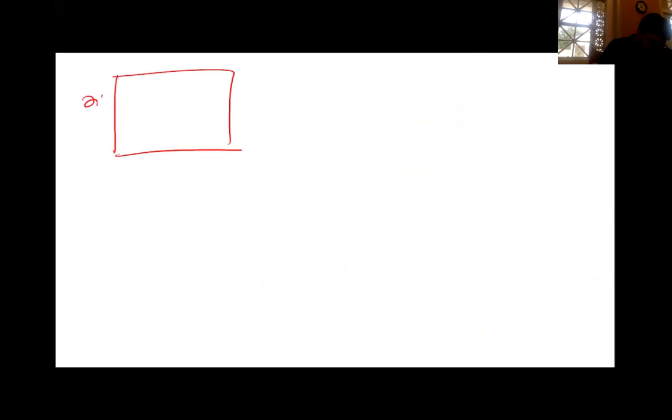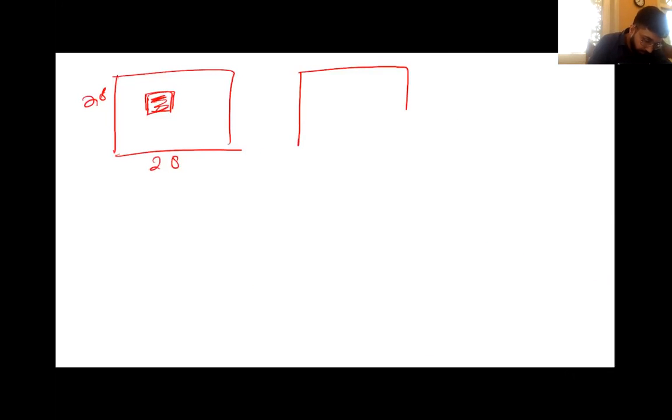So basically, we have an image, in this case a 28 by 28 image. And we say that we want to write this image in terms of discrete cosine bases. So what are discrete cosine bases? Let me write i is the row and j is the column.